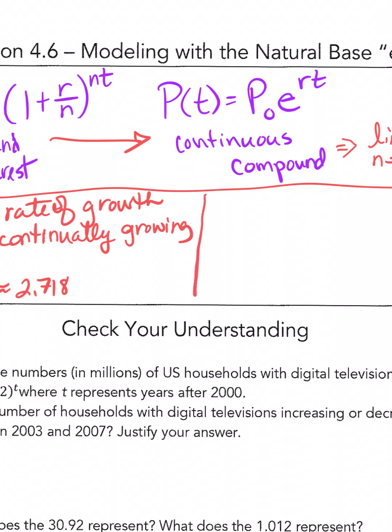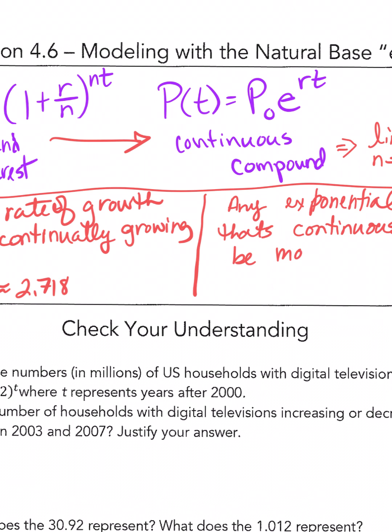E is the thing, okay? If we have a lot of different things that have continually growing exponential growth, anything that's continuous can be modeled with this E, in other words, that natural base.